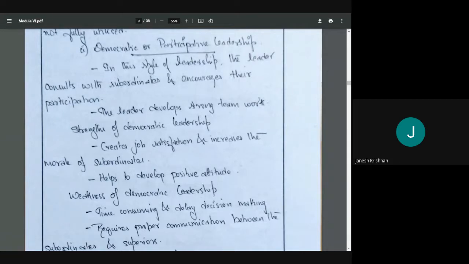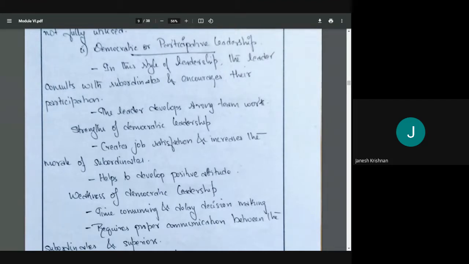Okay? So we elect who will govern us. In a similar way, here also the leader consults with his subordinates. And even if they are not participating, he will encourage them. I need an answer from you. Okay, what should we do? Encourage their participation.